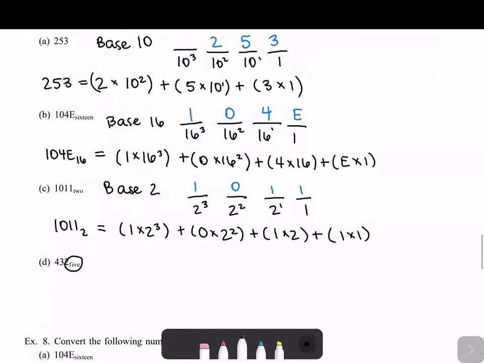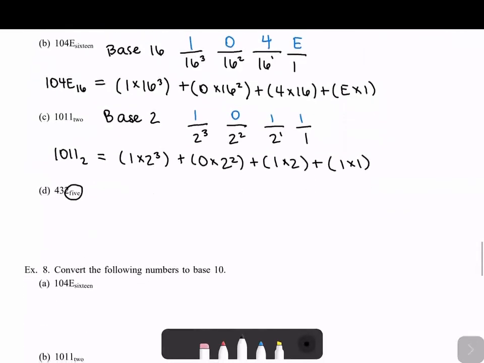Okay, our last example is base 5. So it's 432 base 5. Base 5 was another one of the ones we talked about last video. Okay, so this, right, is in base 5. And like normal, we have the 5 cubed place, the 5 squared place, the 5's place, and the 1's place.